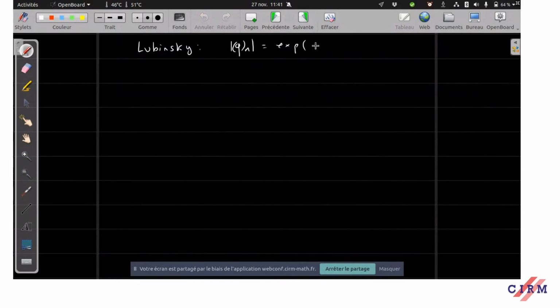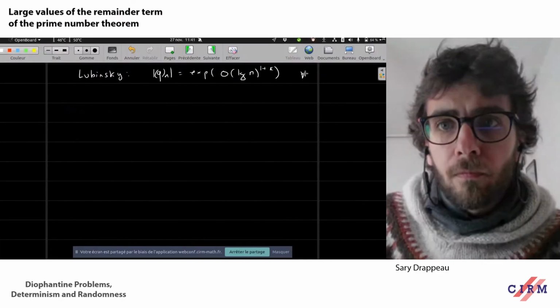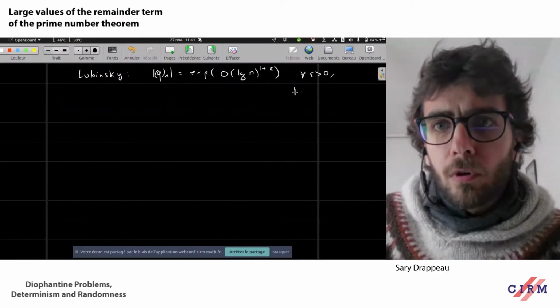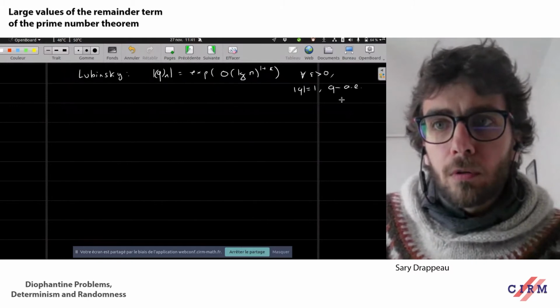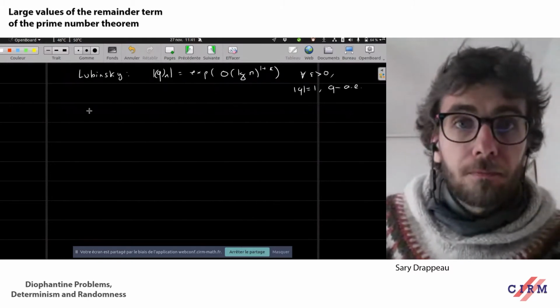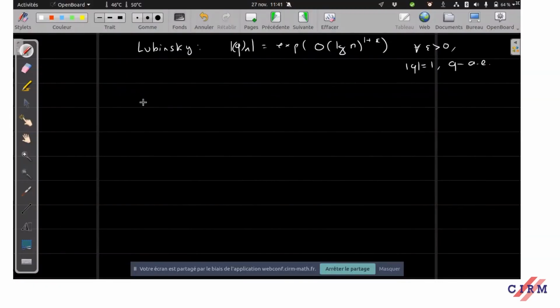It's O of log n to the 1 plus epsilon for any epsilon, for q of radius 1, q almost everywhere for Lebesgue measure on the unit circle. This is 1990.